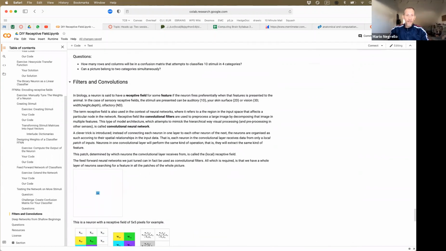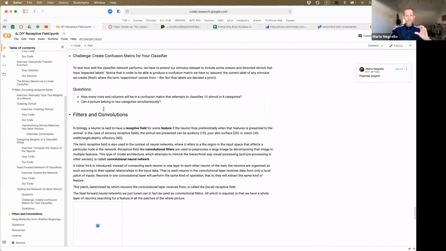The second aspect of this will appear one more time in our course, which is the idea of convolutions. When you have the receptive field for single neurons, the notion that you should have in the back of your mind is that your visual cortex is organized in such a way to detect lines and oriented bars across the entire visual field. So it is as if you have a zillion of these tiny little networks that locally are computing the orientation of the bars.